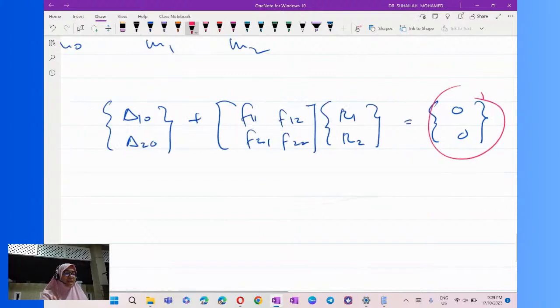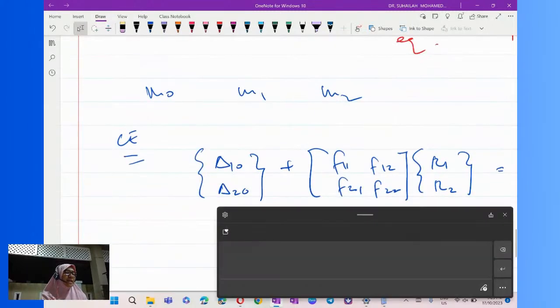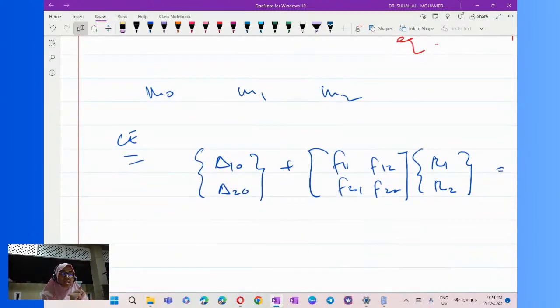Now let's say settlement is given. Settlement can be in the X direction, in the Y direction, as well as in the rotational direction. Rotation is for the redundant moment. So if the question gives a support settlement, you have to consider it.